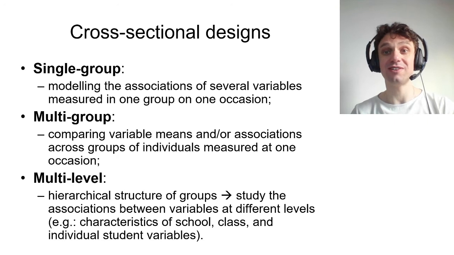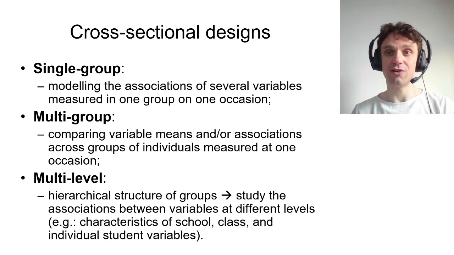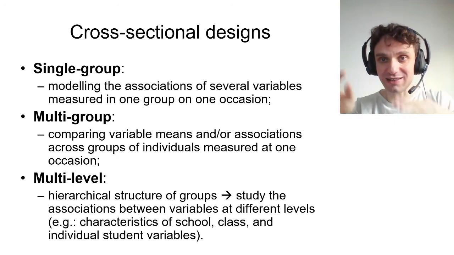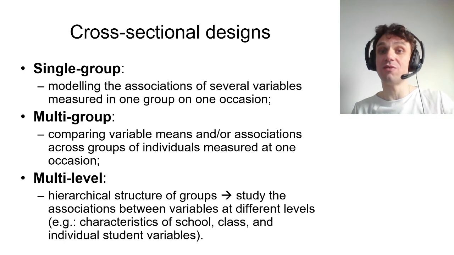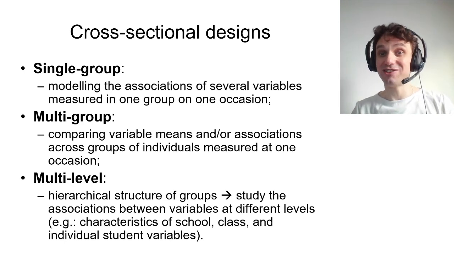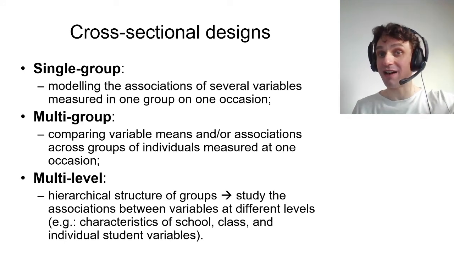You can measure those variables in one group of individuals, and you might be interested in the associations of those variables. Or you can measure those variables in several groups of individuals, and you might be interested in comparing those groups. And those groups can be independent, or they can be hierarchically structured.